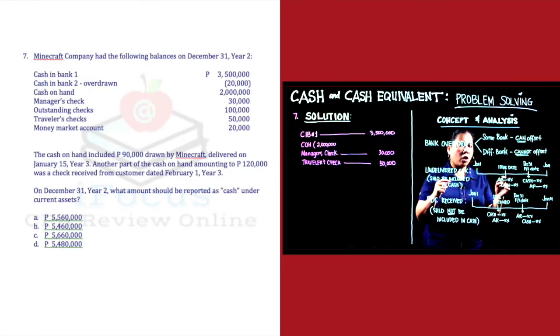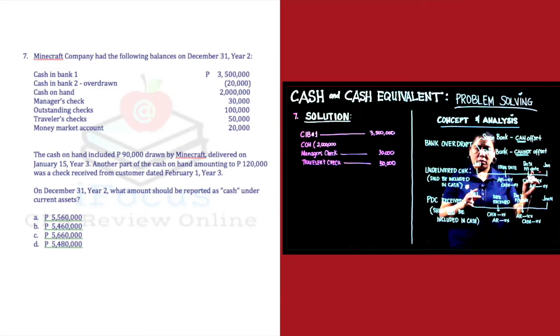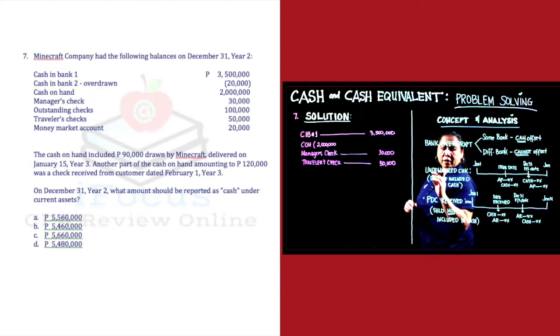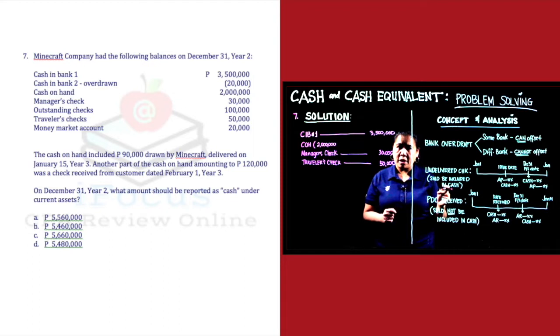Alright? So, ang mangyayari, we have to revert it back to the accounts payable. So, our adjusting journal entry on December 31st on our financial statement date is debit to cash and credit to accounts payable. So, ang ibig sabihin, itong undelivered checks, it should be included in our cash.